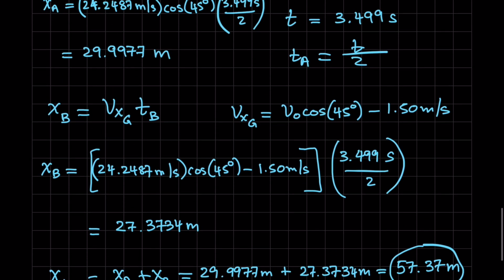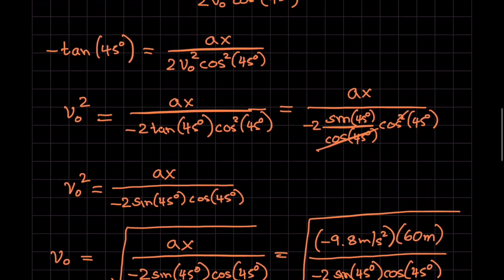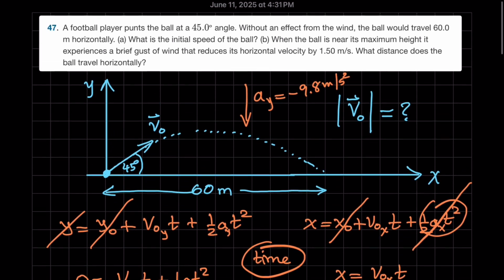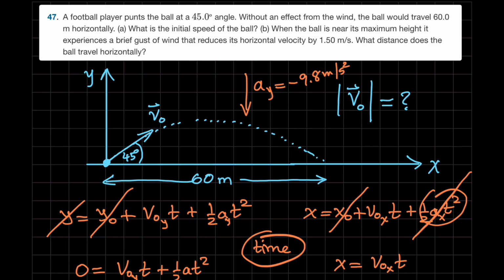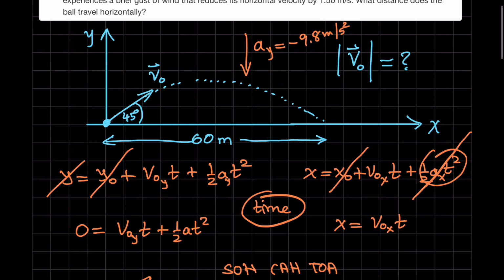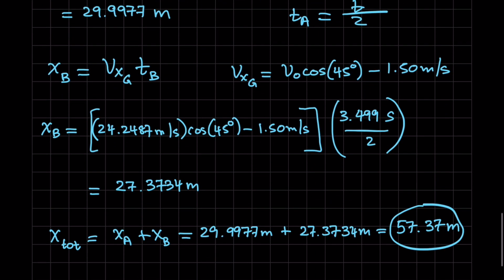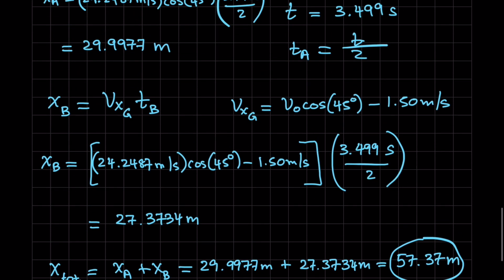So as we said before, you expect to have something shorter than 60 meters, right? 60 meters is the distance that it traveled without any wind affecting the ball. But if the wind is slowing the ball down, well, it should go shorter, right? So it should go a shorter distance. And that's what we're finding here. Yes, in fact, it did go a shorter distance by 3 meters or so.